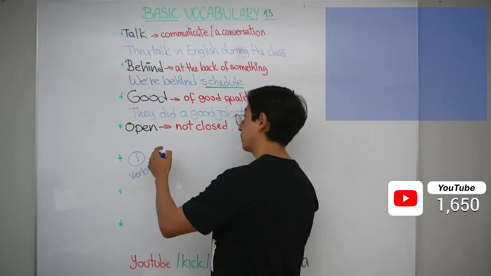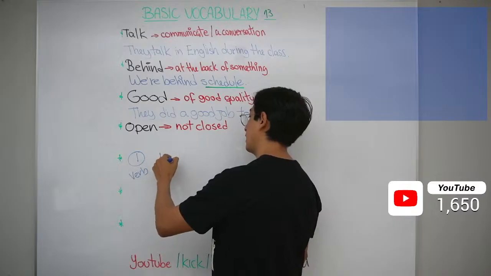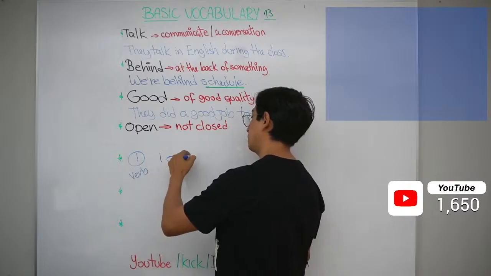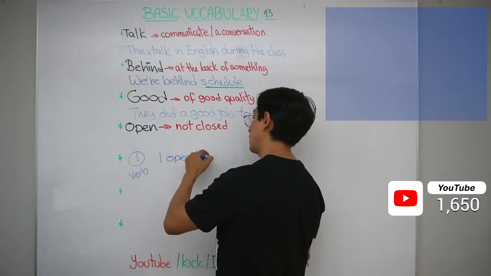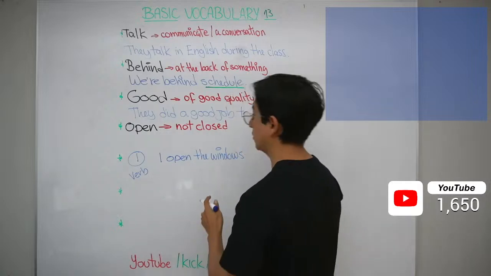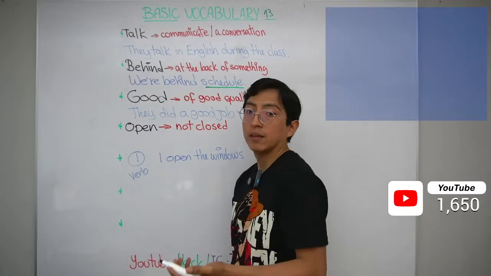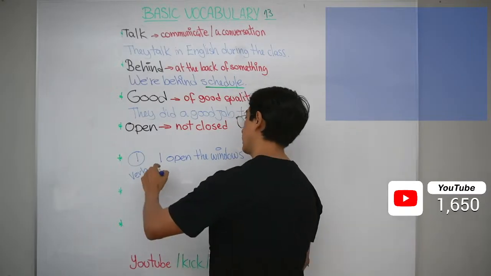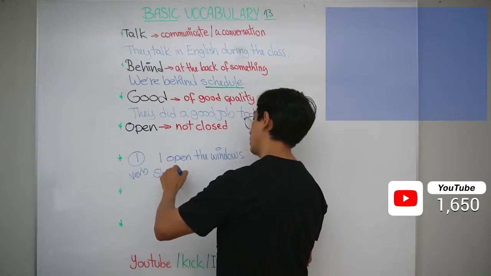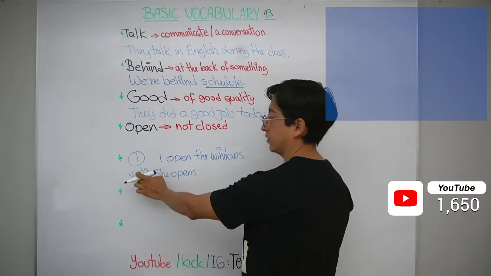For example, we can say something like this: I open the windows in the morning, right? I open the windows in the morning. Maybe we can say she opens. Look at this letter S. This is a verb.